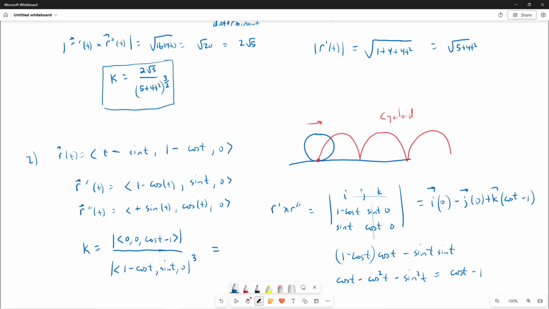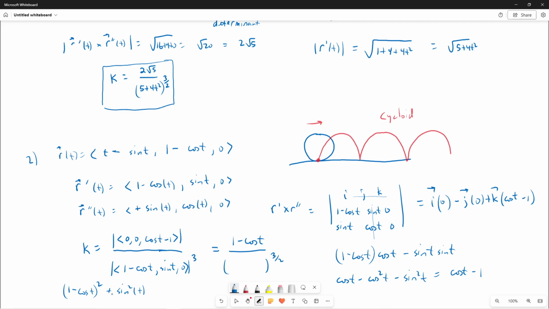1 minus cosine t. Cosine t minus 1 is going to be negative, or maybe 0. So the magnitude will be the absolute value of this, which is certainly 1 minus cosine t. And then divided by the 3/2 power, because we have a square root for our magnitude, and then a third power. So we'll put a 3/2 power, and we have 1 minus cosine t squared plus sine squared.